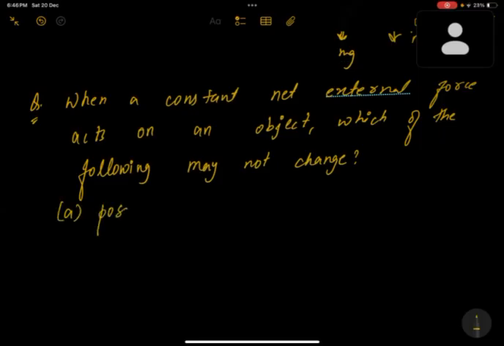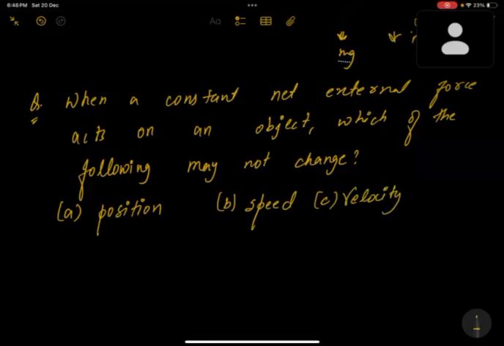First is position, second is speed, third is velocity, D is acceleration. Tell me. Velocity.